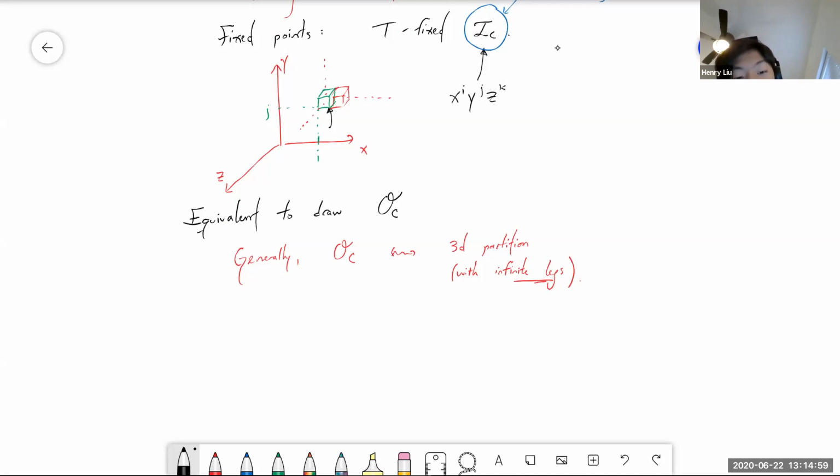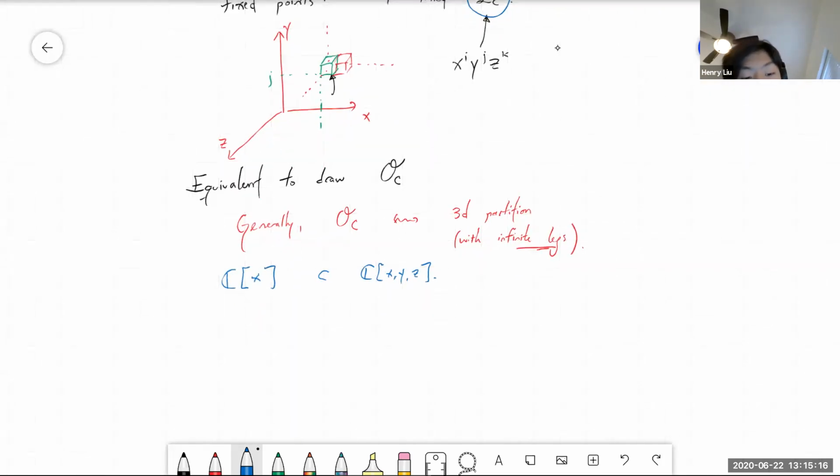I can take something like a curve which runs along the x-axis. This is the module C adjoint x. Right? This is the ideal (y, z). And so what does C adjoint x look like? It's just a whole chain of boxes along the x-axis. Right. So I'm very bad at drawing boxes. I'm sure there are many people in the audience here who are much better than I am. Essentially, you're going to get a whole infinite chain of boxes, and it keeps on going.